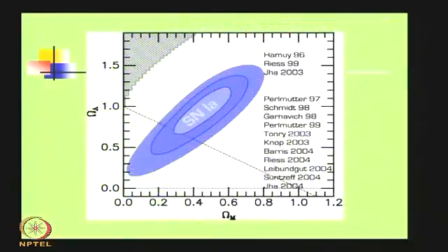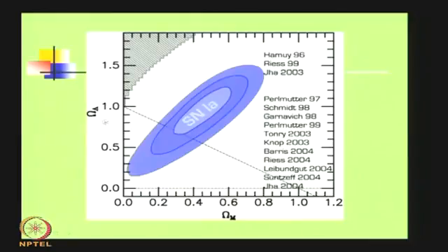And this is the same curve from some other data. Again you see the 68% confidence region, the 95% confidence region, and the 99.7% confidence region in the space of omega matter and omega lambda.